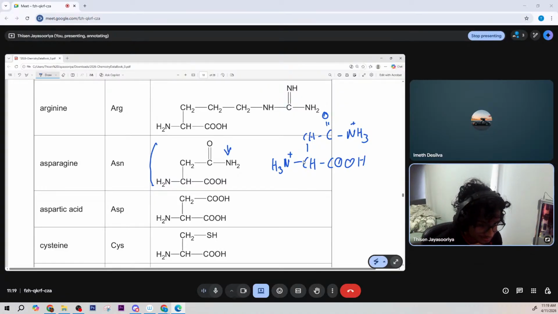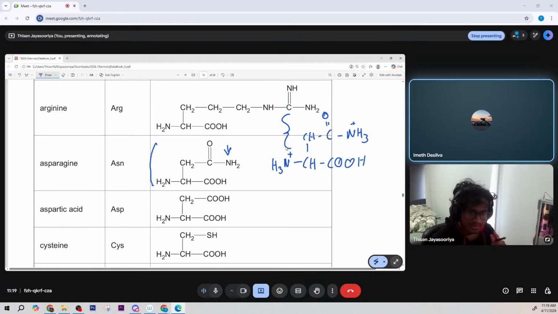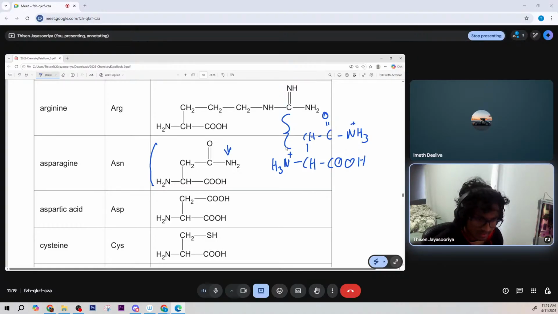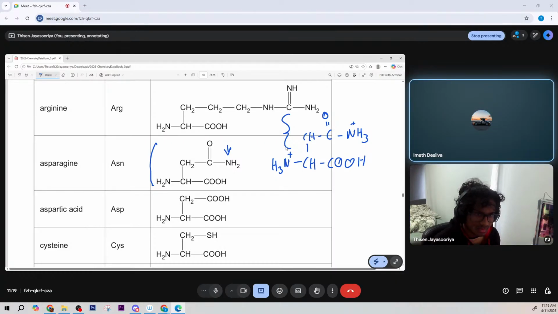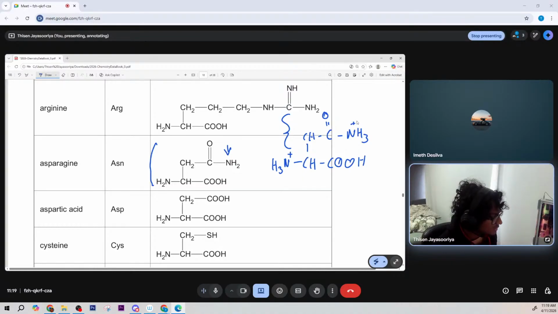Do you remember how the tertiary and the quaternary structure were affected by what was in the residual chains or the R group? Do you see how that might affect the folding of our amino acid? Because here this can produce an ionic bond now.